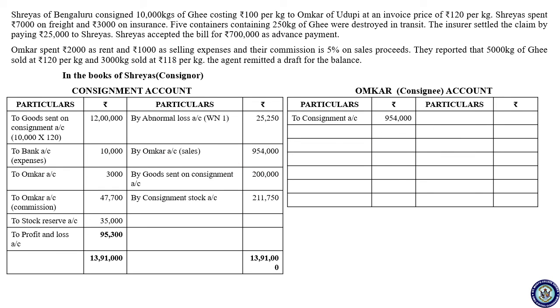So first one, that is to consignment. Here it is to consignment 9,54,000. Then the expenses as well as commission, it is two sides. So this is by consignment expenses, by consignment commission 47,700.